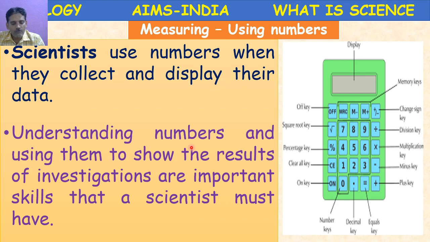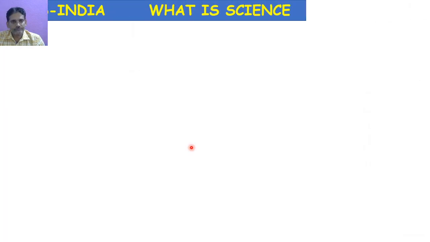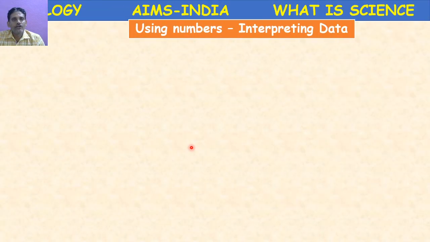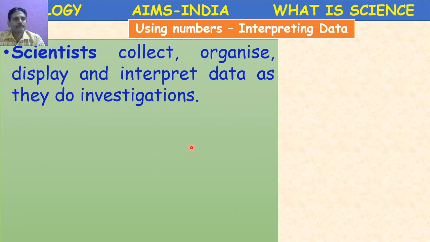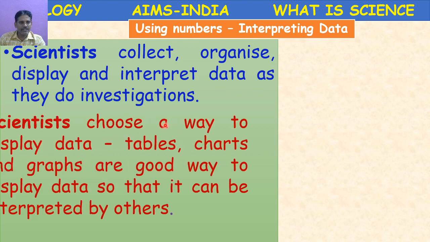Let us see how we will use the numbers in analyzing the data. Using numbers in interpreting data. Scientists collect, organize, display and interpret data as they do investigations. You have to collect, organize, display and interpret the data whenever you are doing an investigation.